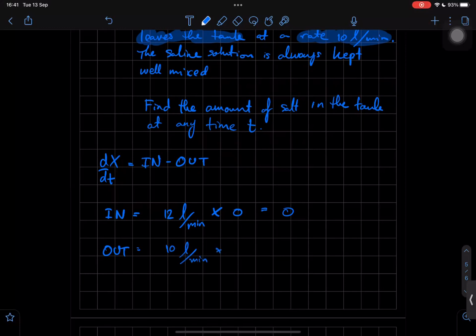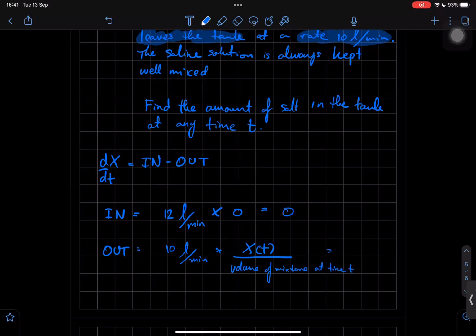But what is the amount of salt, right? The concentration of salt in the mixture, right? It is the amount of salt at time t, okay, divided by the volume of the saline solution at time t.